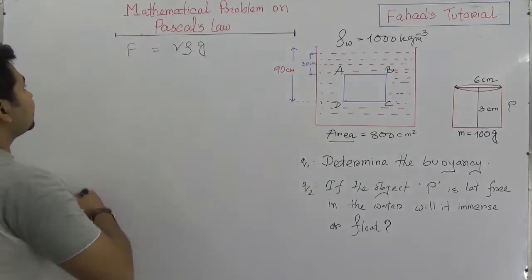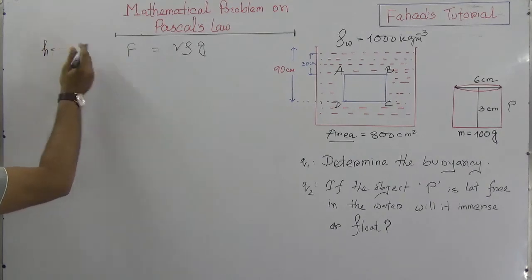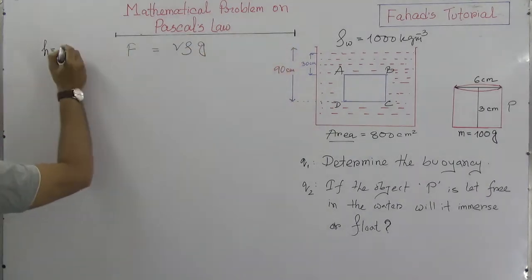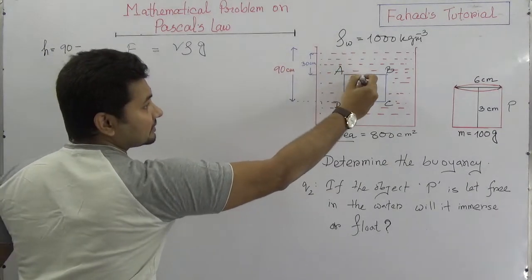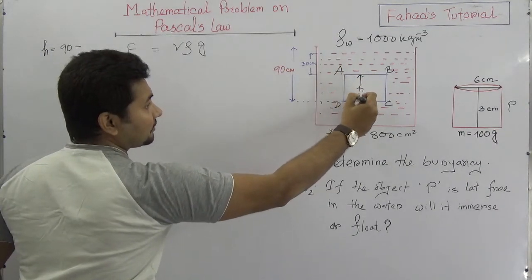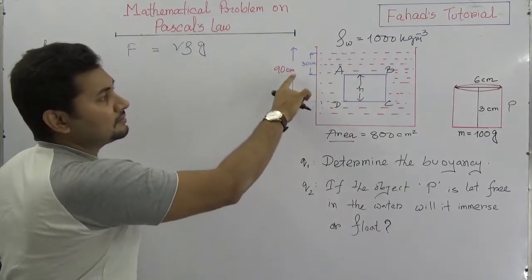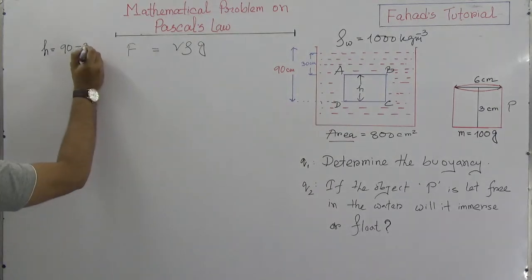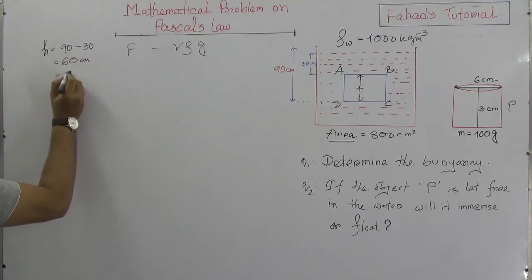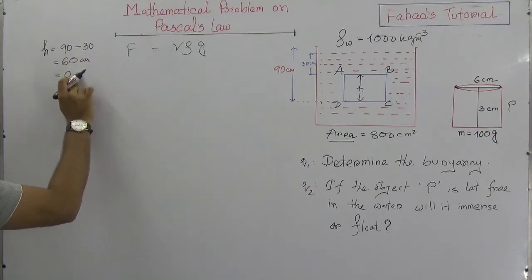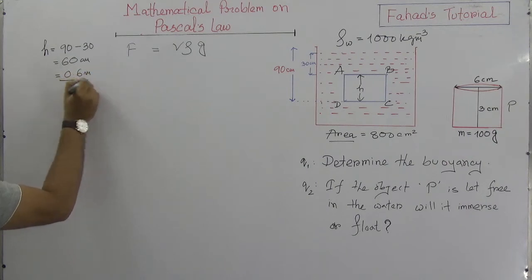The total is 90 centimeter, and this part is 30 centimeters, so the height is this one. 90 minus 30 is 60 centimeter. We need to take it as meter, so it should be 0.6 meter.